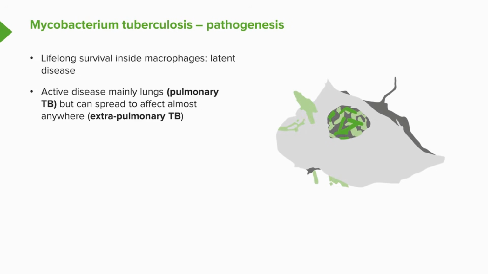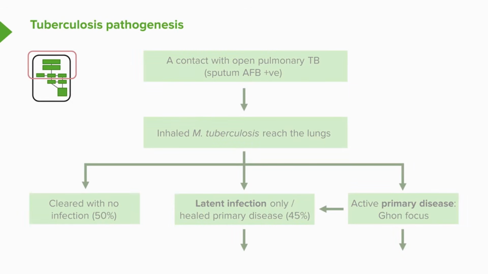So, to talk about the disease, there's two main forms. There's pulmonary tuberculosis, which is TB affecting the lungs, and there's extrapulmonary tuberculosis, which is TB affecting outside the lungs. Just to describe the pathogenesis in a bit more detail, what happens is you're in contact with somebody with open pulmonary tuberculosis.